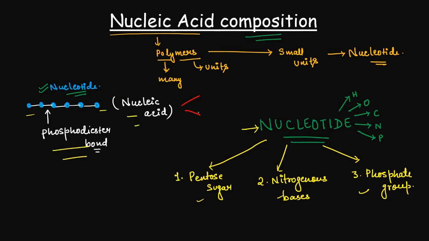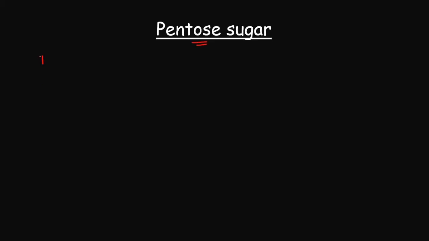Nucleic acids are of two types. The first is DNA and the second one is RNA. Pentose sugar: DNA and RNA both contain pentose sugar, and the type of pentose sugar present in them is represented in their name. The full form of DNA is deoxyribonucleic acid, and RNA stands for ribonucleic acid.